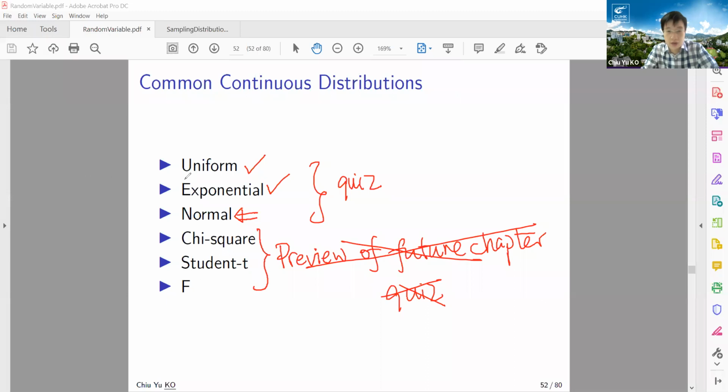So let's go to the uniform and exponential again for a very quick review.